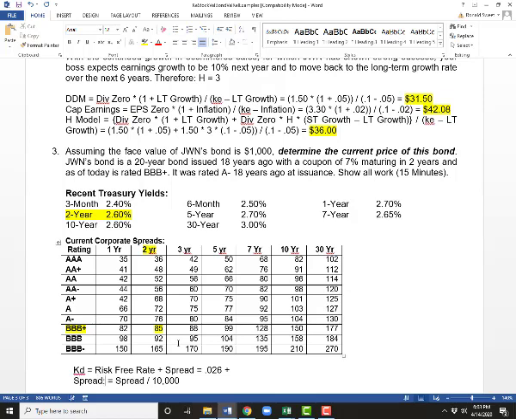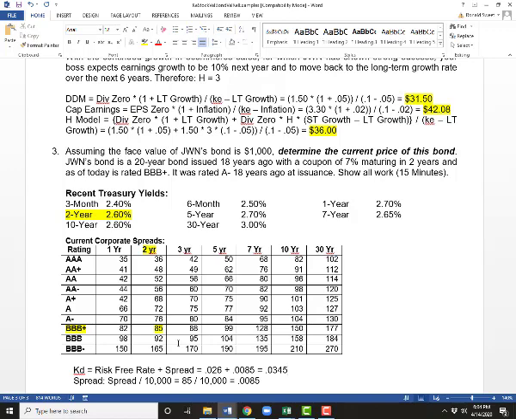So in this case, 85 divided by 10,000 equals 0.0085. You put that in there, and that gives you your KD. So your KD is 0.0345.